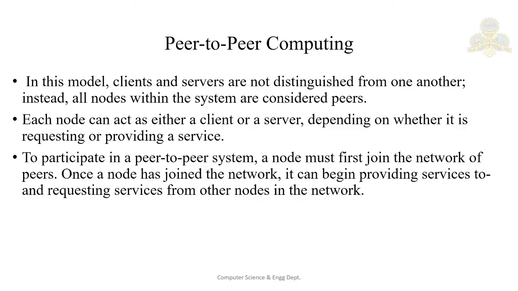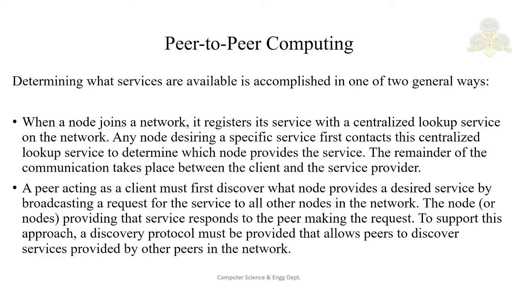What are the services that are available? It can be handled in one of two ways. The first one is when a node joins a network, it has to register itself or its services with a centralized lookup service on the network. So when a system joins the network, it has to tell the network what tasks it can do.